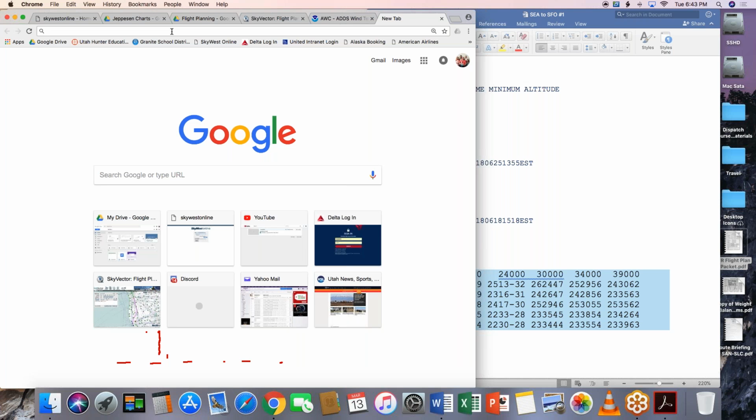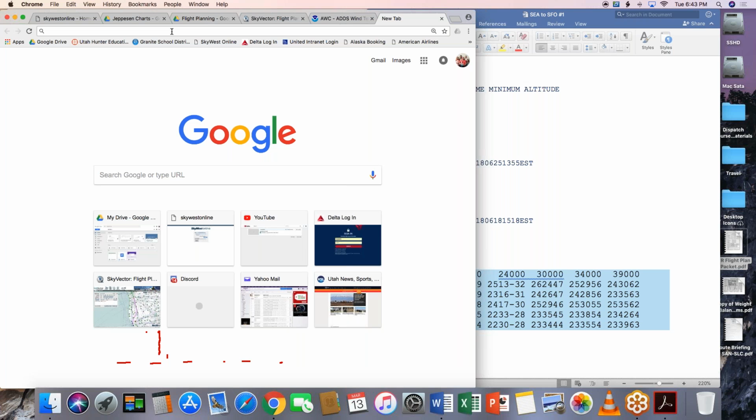Okay. Did somebody download the calculator on their phone yet? Okay. So, wind speed, 38 knots.